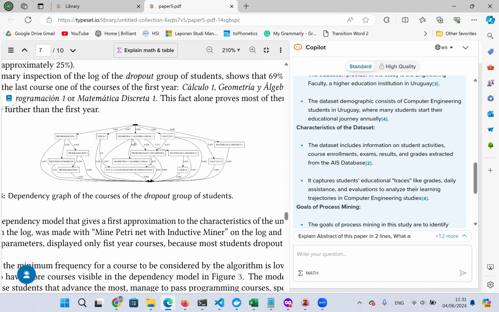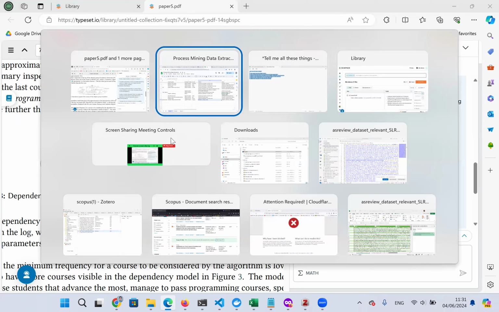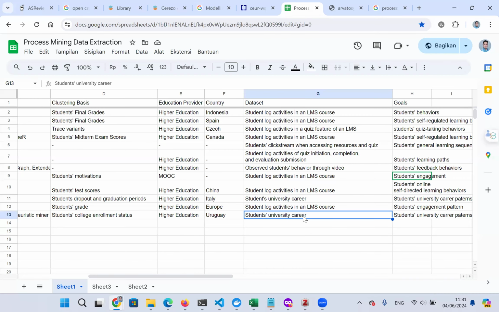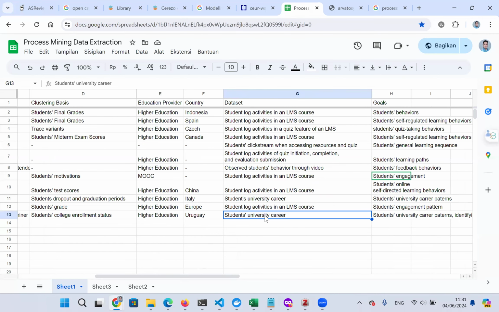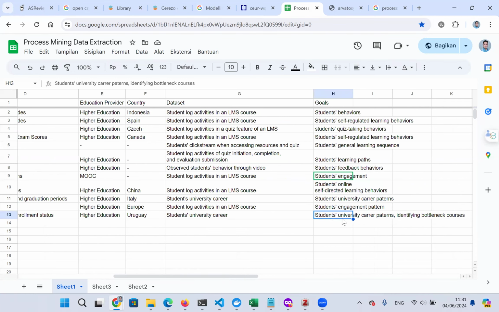He or she went through this programming course, physics course, and then after they took this course, they go to this course, and so on and so forth. So what is the data set about? It is actually the student's university career, like his or her academic achievement or academic career.